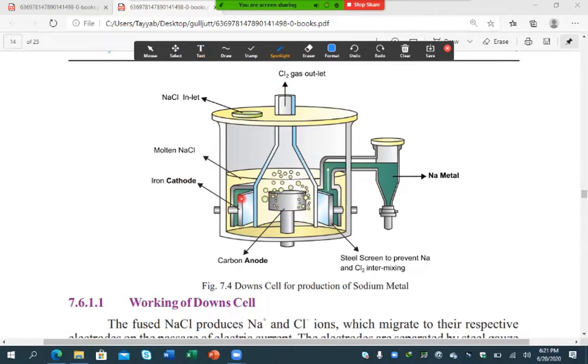Anode and cathode are separated with the help of a steel sheet. Molten sodium chloride is used here, and after splitting of NaCl, sodium metal is collected and chlorine gas is released from the beaker. In this way, we get pure sodium metal from the electrolysis of sodium chloride.